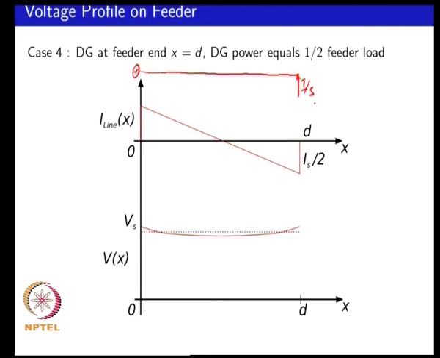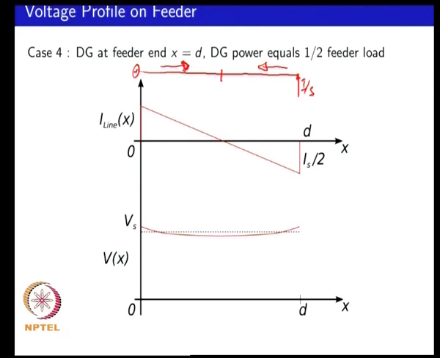So, if you look at it, again assuming the uniform loading and the conditions for the analysis, now for the second half of the feeder the power would be provided from your DG unit. For the first half of the feeder, the power would now be sourced from your substation.